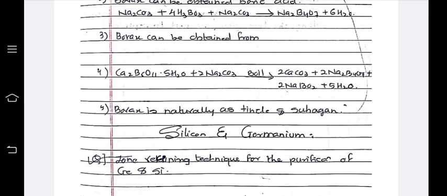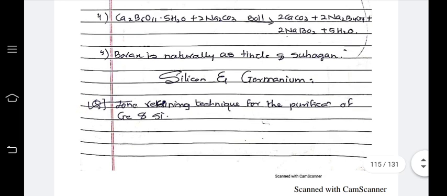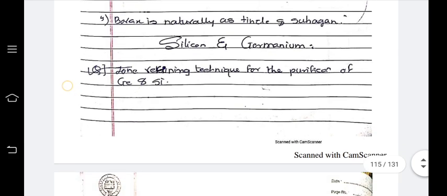Borax can also be obtained from Ca2B6O11·5H2O plus 2Na2CO3 boiled, giving 2CaCO3 plus Na2B4O7 plus 2NaBO2 plus 5H2O. Borax occurs naturally as tincal and suhaga.